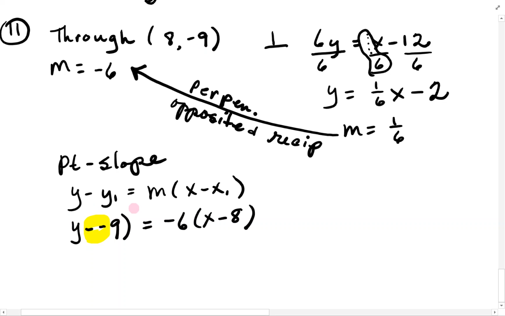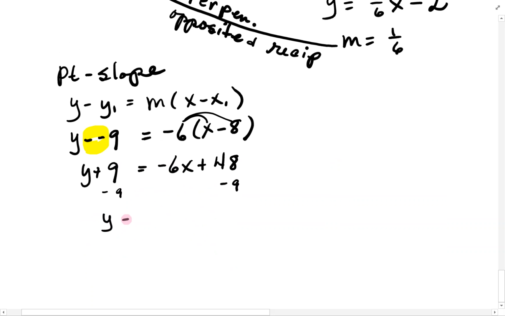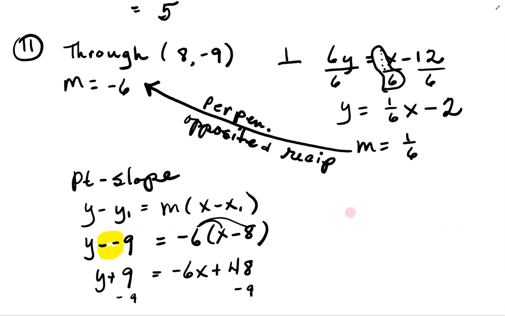So I have y plus 9 is equal to, distributive property, negative 6x plus 48. Subtract 9 from both sides. And I get y is equal to negative 6x plus 39. So it was important to recognize what it means to be perpendicular. It means if you know the slope of this line, you take its opposite reciprocal, and that's the slope of your line.